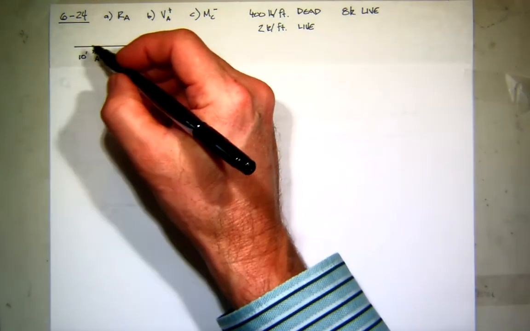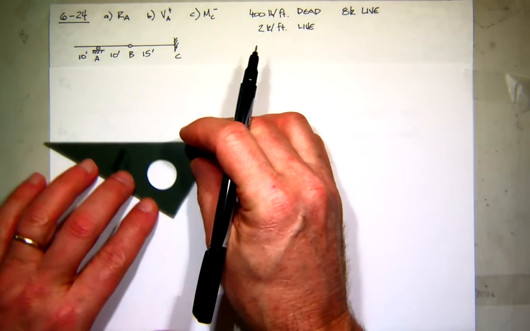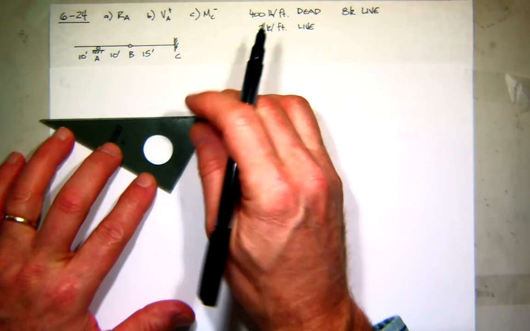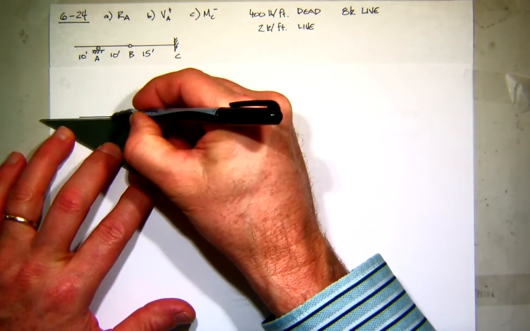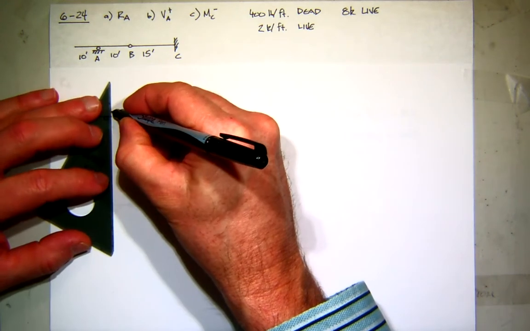So what that means is right just to the right of A, I have to imagine my shearless connector. All right. So let me draw that. So I'm going to come to A. In fact, I'm going to make it a little more to the right so you can kind of see it.